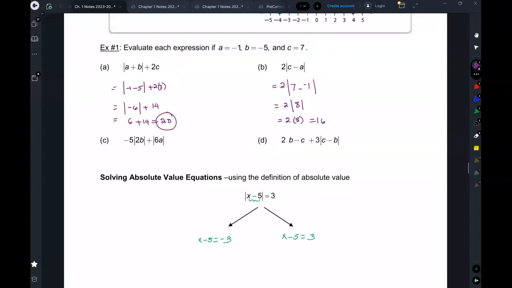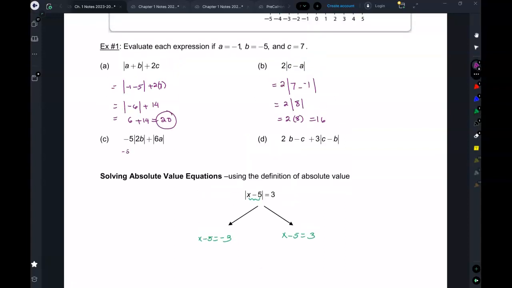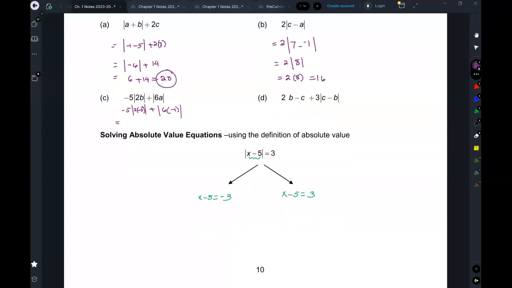Okay, so yeah. Okay, so this is -5 times the absolute value of 2 times -5 plus the absolute value of 6 times -1. This is -5 times the absolute value of -10 plus the absolute value of -6.